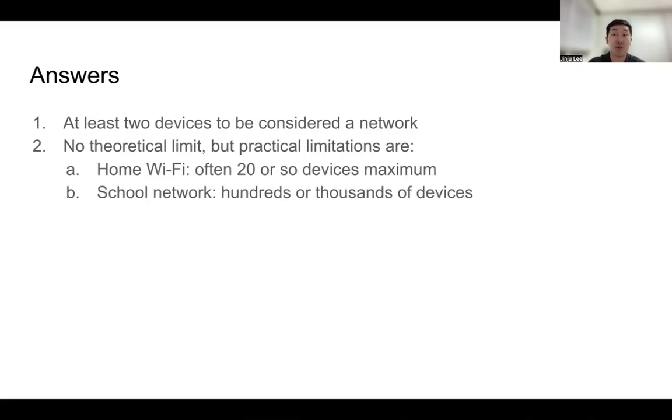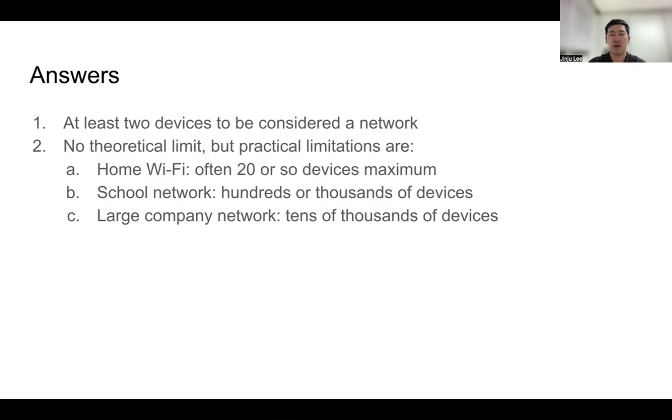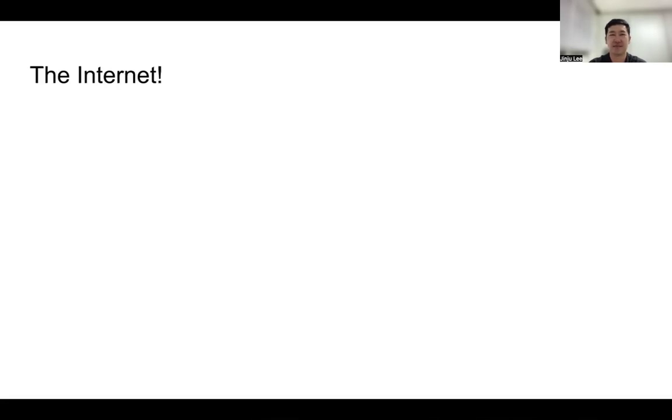School network, possibly hundreds of devices if you're in a medium-sized high school, or thousands if you're in, for example, a university. A large company network. Imagine you work for Microsoft or IBM or McDonald's corporate. Well, you can have tens of thousands of devices connected. And the internet. The internet is one big giant network. And of course, there are billions of network devices connected worldwide.